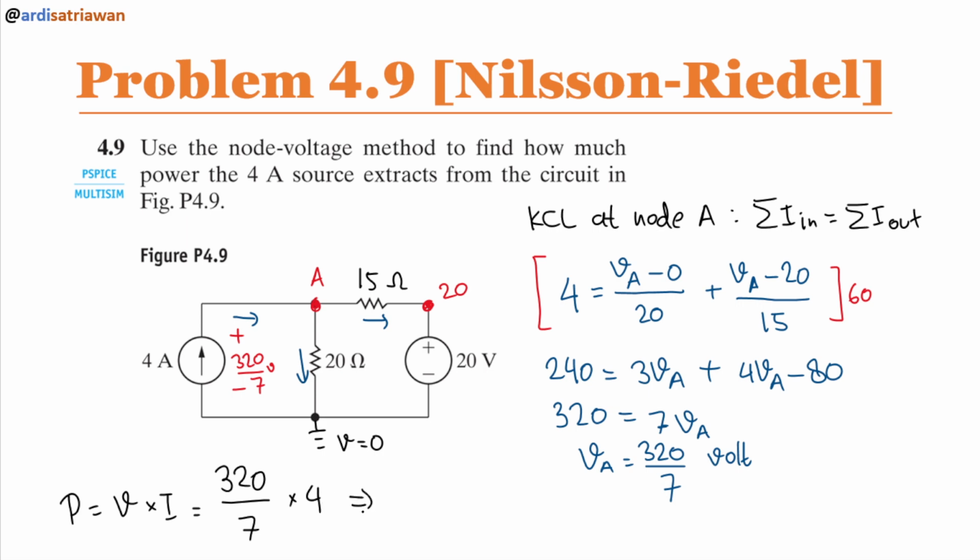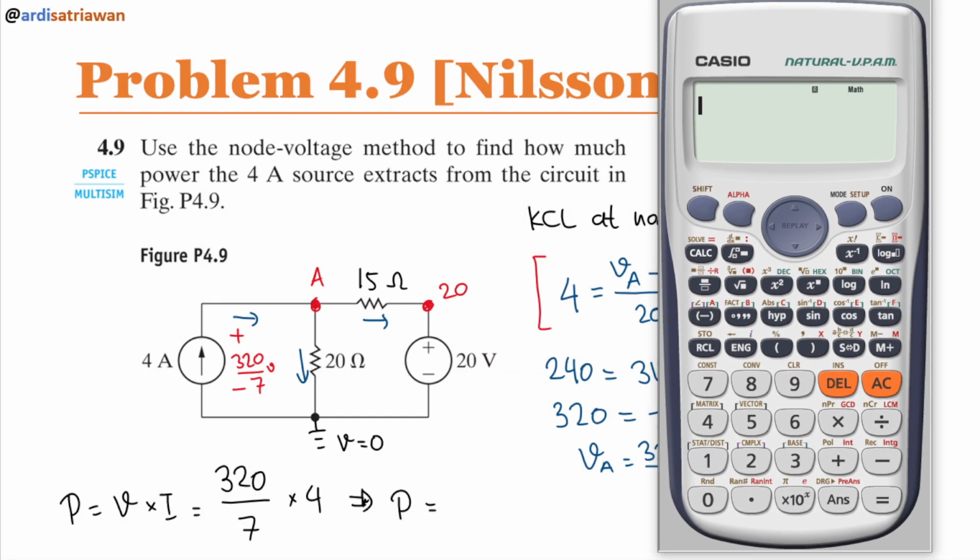And that means that our power, and I think I need a calculator here. Otherwise, we will get stuck in complicated calculation. So we'll have 320 divided by 7 multiplied by 4.